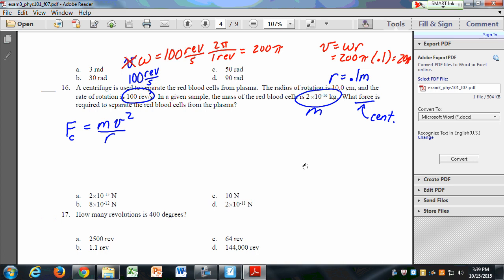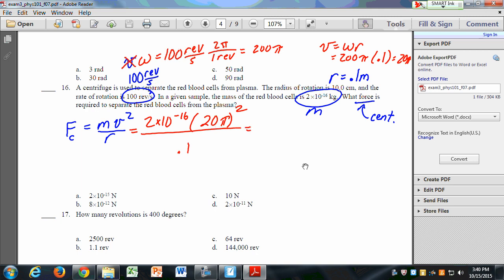So that's V. I know M, and I know R. Now I can find my force. My mass is 2 times 10 to the minus 16. My V is 20 pi, which is what? 62.8, squared, divided by the radius, which is 0.1. And then you find that force.